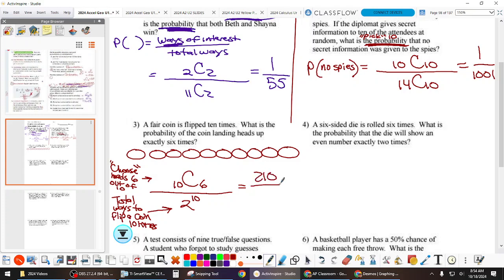And 2 to the 10th? 1,024. Okay. And then we could reduce this, they both at least divide by 2. So 105 over 512. Okay. Just over 20%. Yeah, because it's roughly a fifth, so just over 20%.